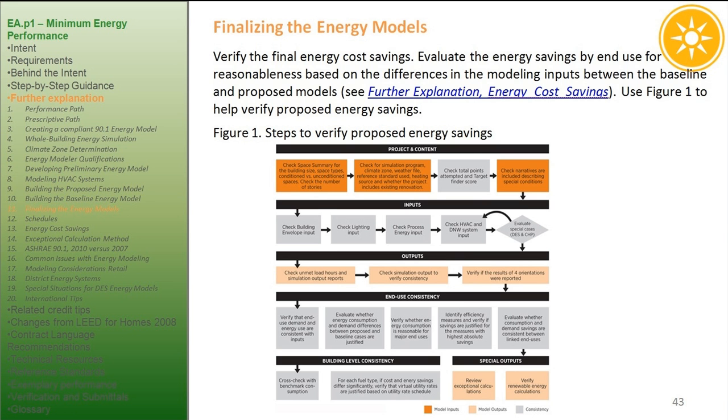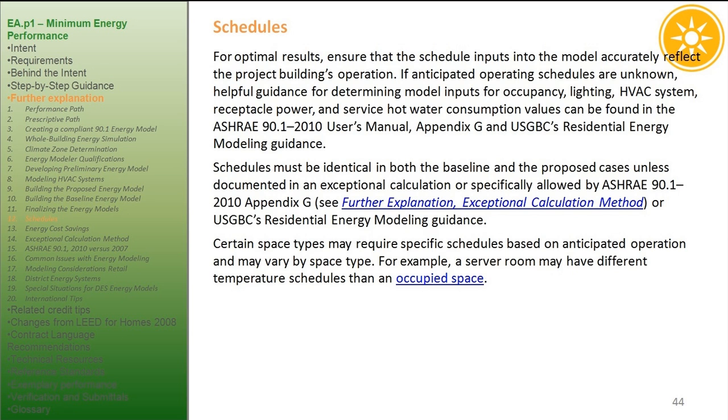Special outputs. Schedules. For optimal results, ensure that the schedule inputs into the model accurately reflect the project building's operation. If anticipated operating schedules are unknown, helpful guidance for determining model inputs for occupancy, lighting, HVAC system, receptacle power, and service hot water consumption values can be found in the ASHRAE 90.1 2010 User's Manual, Appendix G and USGBC's Residential Energy Modeling Guidance.